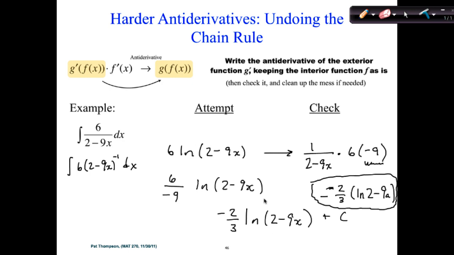So by putting absolute value around it, that makes the domain of the antiderivative the same as the domain of the rate function. This is all real numbers except 2/9, because ln of 0 is undefined. But now we can put in anything else, and we'll always be putting a positive number into ln. So that's why you need absolute value.